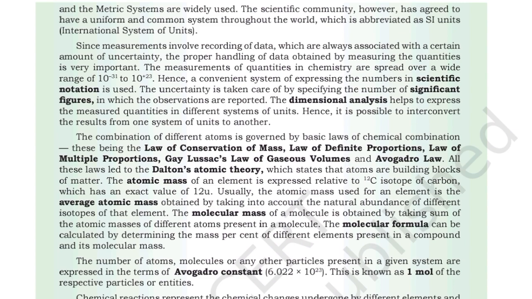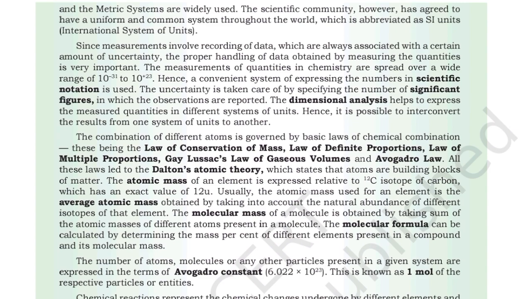Hence, a convenient system of expressing the numbers in scientific notation is used. The uncertainty is taken care of by specifying the number of significant figures in which the observations are reported. Dimensional analysis helps to express the measured quantities in different systems of units. Hence, it is possible to interconvert the results from one system of units to another.